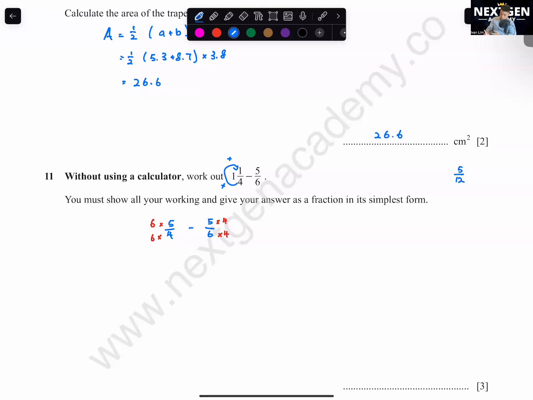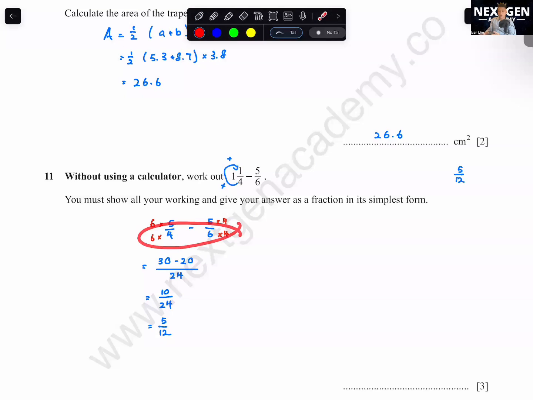So your answer here, you get 30 minus 20 over 24, which gives 10 over 24. You divide it by 5. 5 over 12. Sorry, divide by 2. Oh yeah, sorry, teacher, you're smarter than teacher. Using 12 is actually easier. Your lowest common multiple is 12.